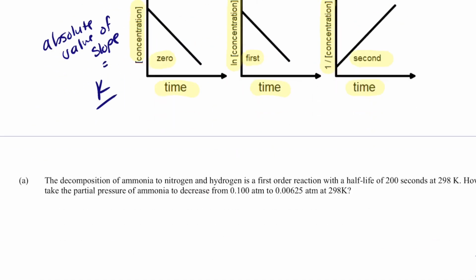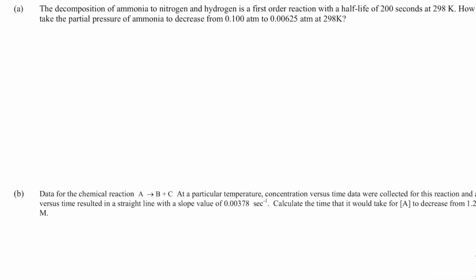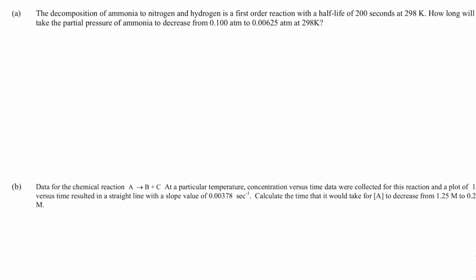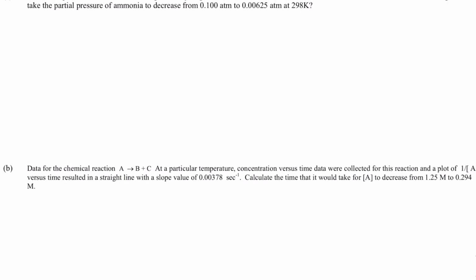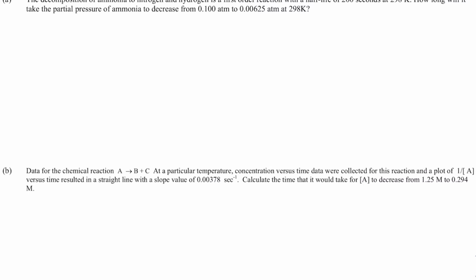Okay? So let's look at A. It says the decomposition of ammonia to nitrogen and hydrogen is a first order reaction with a half-life of 200 seconds. Okay, they're mentioning time, so that makes me think I need to use the integrated rate law. They tell me that it's first order, so that's important. I want to know ultimately how long it will take for the pressure to decrease from 0.1 to 0.00625.